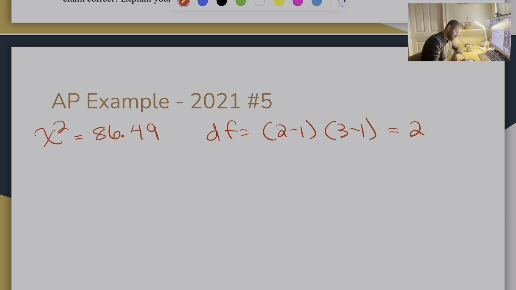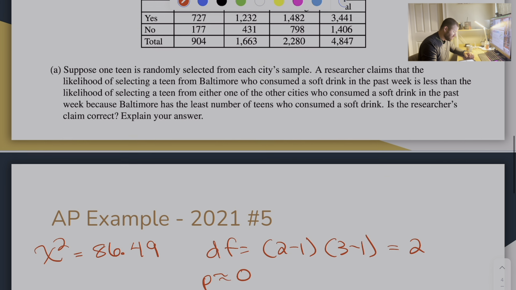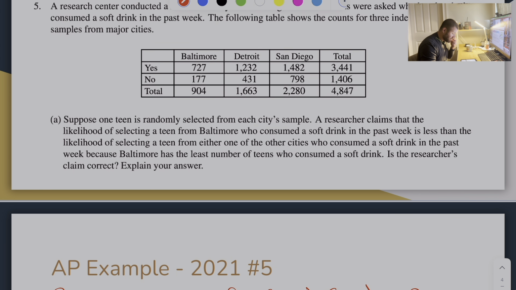But essentially here we get a p-value of 0, which probably isn't so surprising when you look at the proportions here. We're looking at roughly 77% of kids in Baltimore having a soft drink, a little bit closer to 75% in Detroit, but then in San Diego, it only ends up being about 2/3.